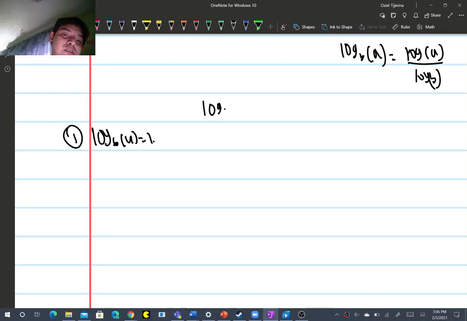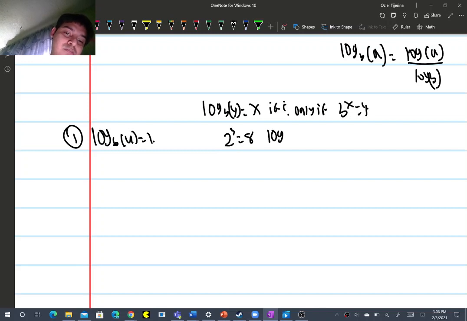Basically log base b of y equals x if and only if b to the x equals y. That just means that if we have 2 cubed equals 8, that means that log base 2 of 8 is 3.